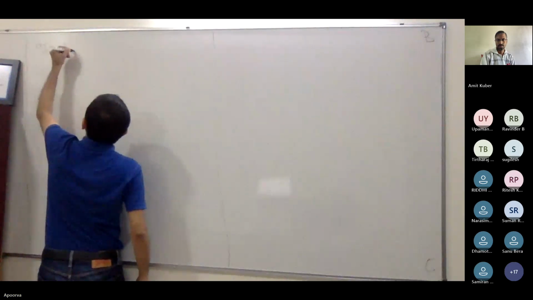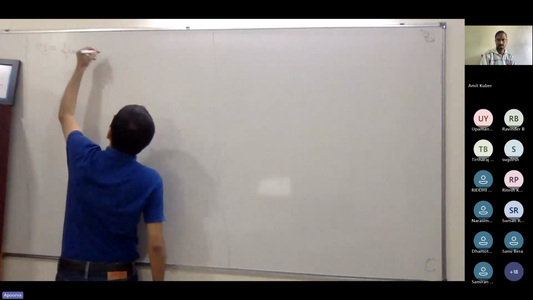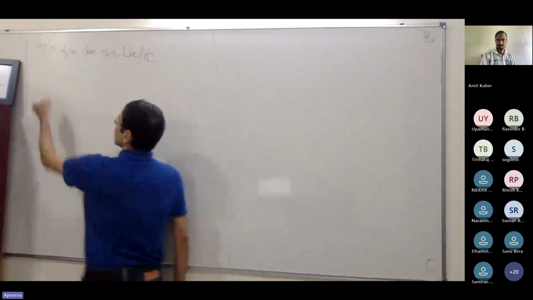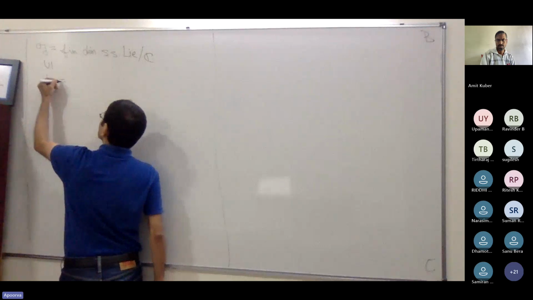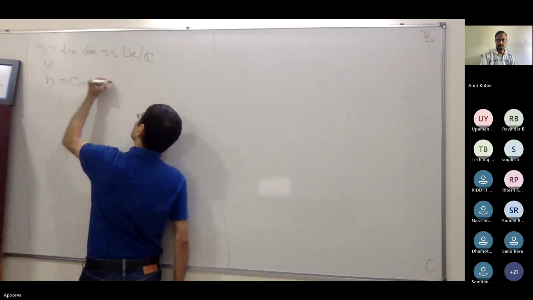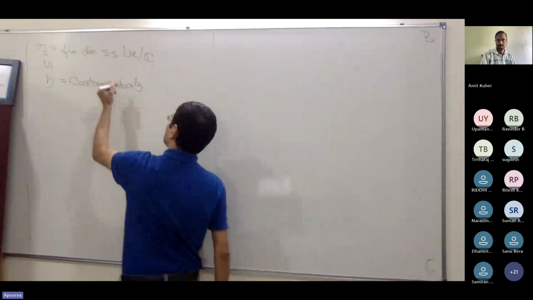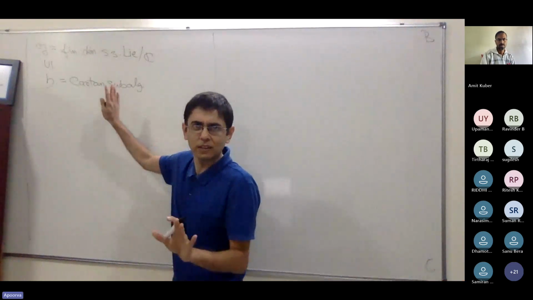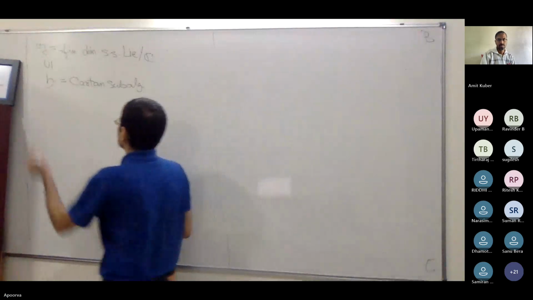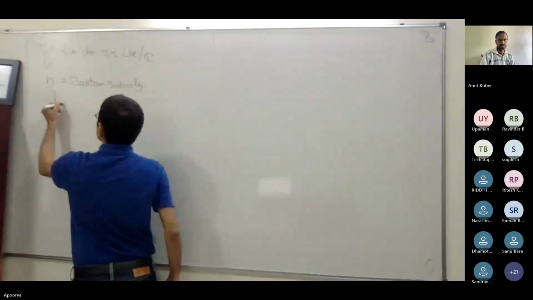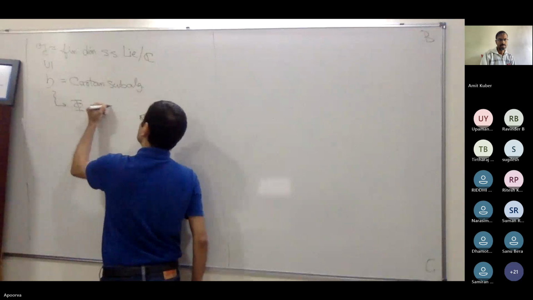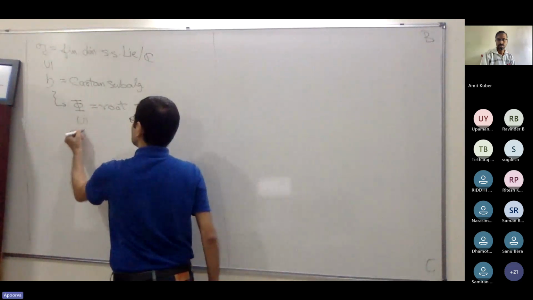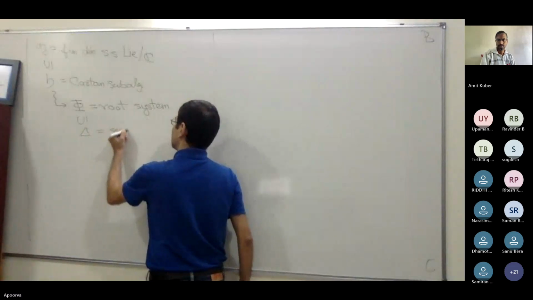So g is a finite dimensional semisimple Lie algebra over C. It contains a Cartan subalgebra, which we will fix. Corresponding to the Cartan subalgebra, you have a set of roots. This is the root system, which contains a base of simple roots.